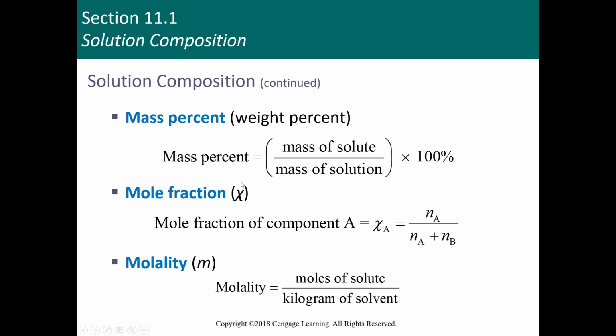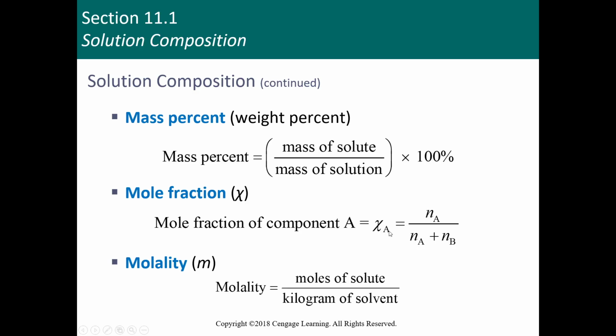This right here is chi. This mole fraction is literally what it says. It's the fraction of your mixture that is the moles of the species you're talking about, right? And so the mole fraction of component A would be represented like this. You'd have chi sub A, and that denotes what species it is.